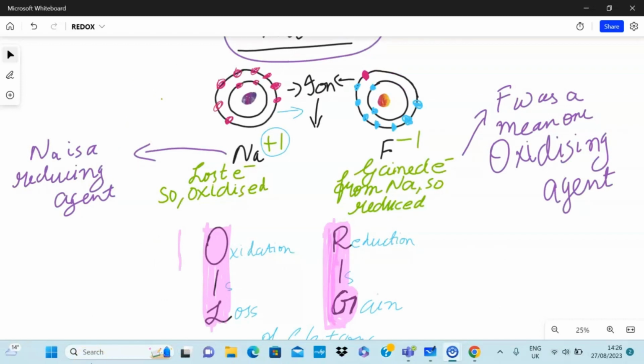Now, if a question asks you out of NaF, which one is oxidized and which one is reduced, obviously you would answer Na for oxidation and F for reduction. If it asked you for agents, which one is the oxidizing agent, you would automatically know anything that is reduced is automatically known as an oxidizing agent. So you would pick F and vice versa.